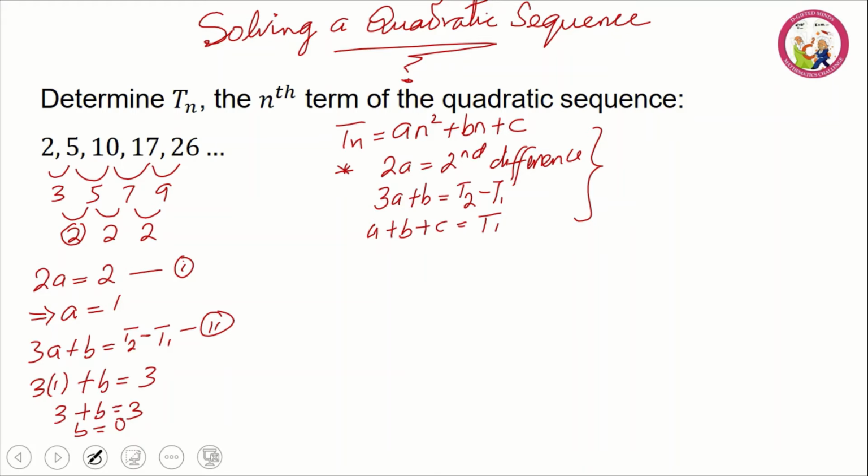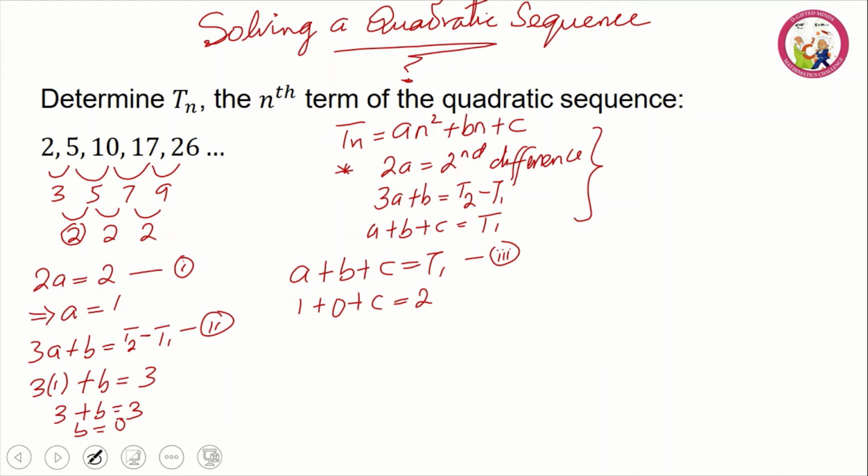And finally, we apply the third equation: a plus b plus c equal to t1. The value of a is 1, plus the value of b, which is 0, plus the value of c. c is yet to be solved, and t1 is 2, which is the first term. Don't forget, this is the third equation we are applying.